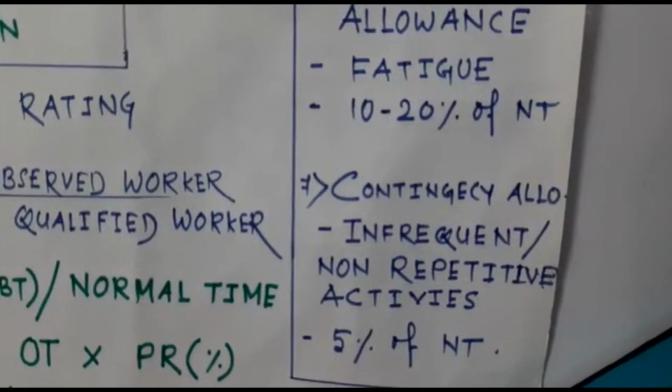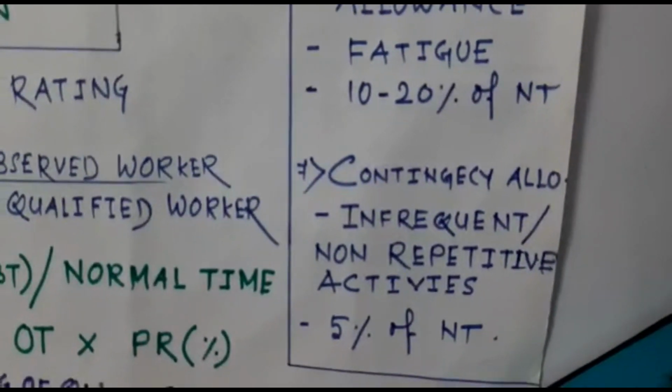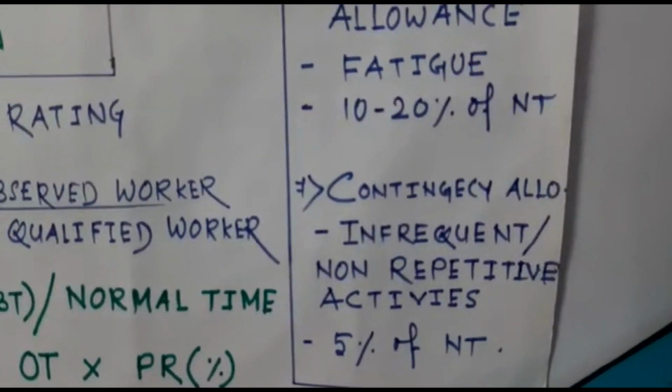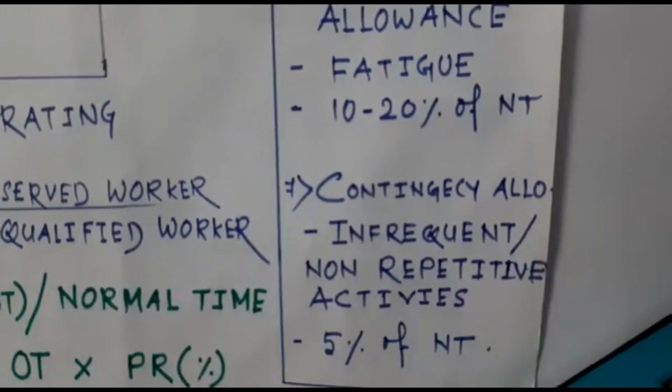These are infrequent activities, and for that he needs some time. For that reason, some contingency allowance is given to the worker, and it is generally around 5% of the normal time.